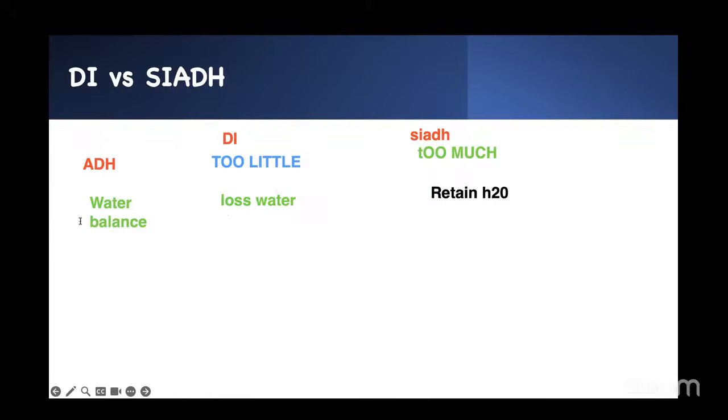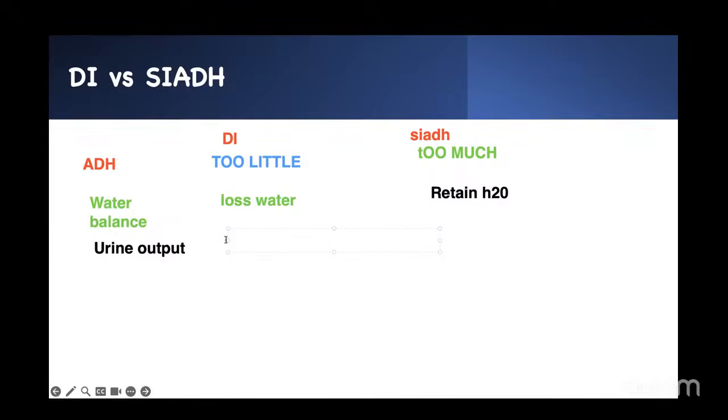Now, if you're going to retain water, the next thing you should do when you're learning this is come up with the urine output. So what do you think? I'm going to have a urine output issue. Based on the table, DI, what is going to happen? They have little ADH. ADH is supposed to hold on to water.